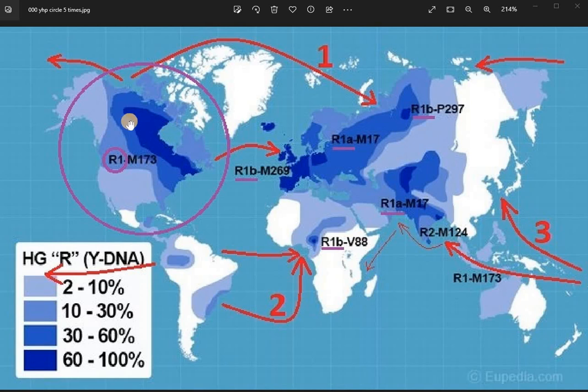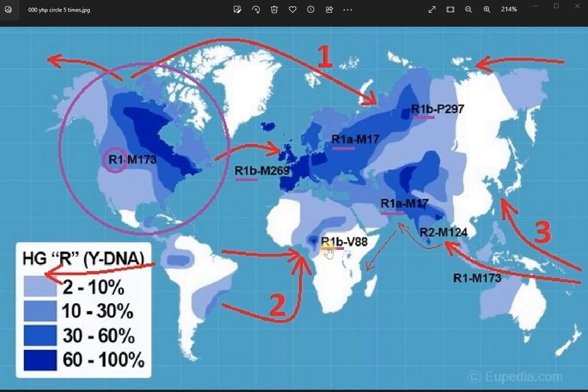So R is different. Here its root, R1 is the root. That is of importance for us. R2 we leave out of this video for now. It's only very local. So what for us represents R, the root, is R1. It's here in this region in North America, and it gives rise to the descendants that I just mentioned, R1A and R1B.